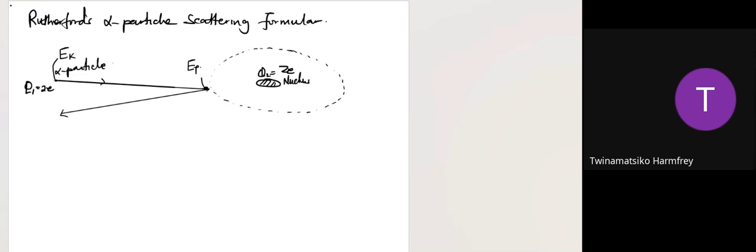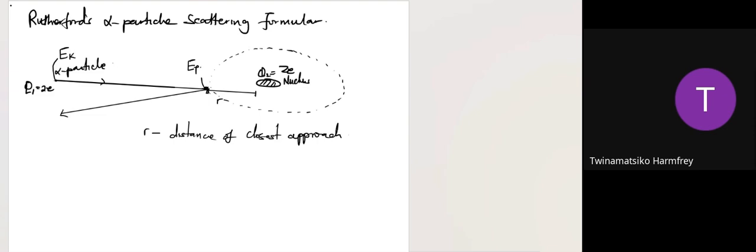We are going to have this distance as r. R is going to be the distance of closest approach. So as kinetic energy is decreasing here, we expect the potential energy to be increasing.